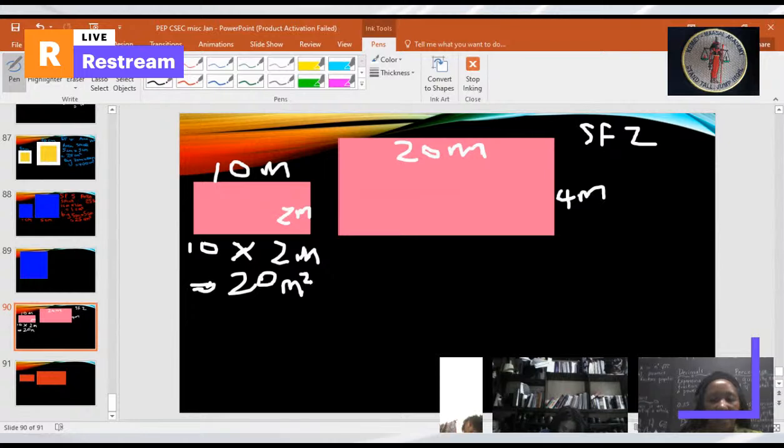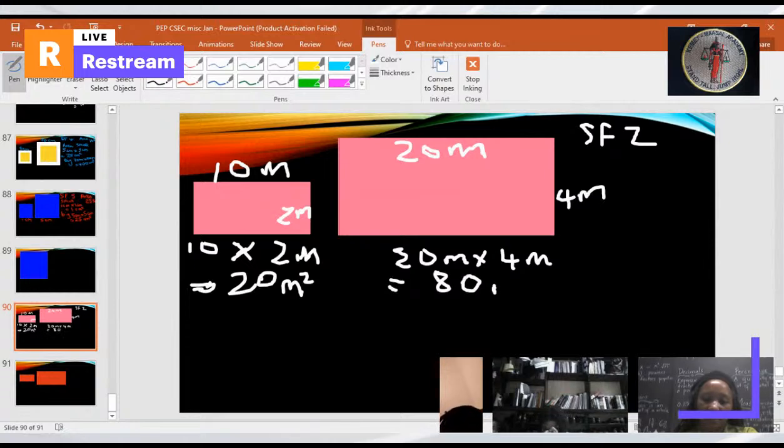And the area of the big one would be 20 meters times 4 meters, which is 80 meters squared.